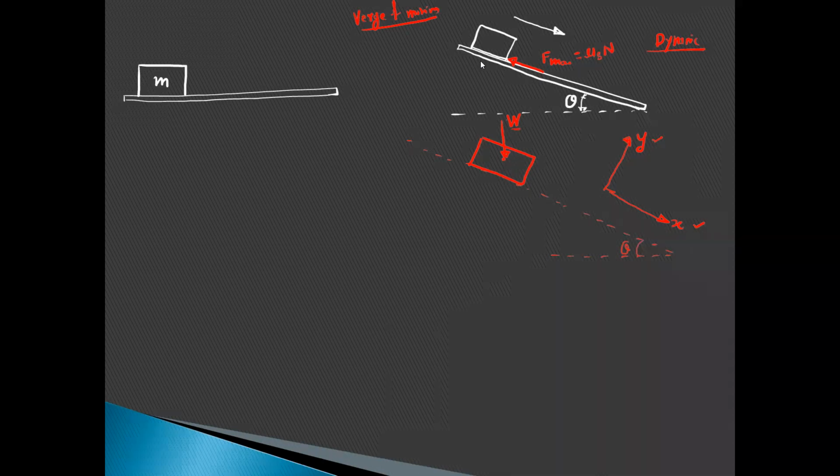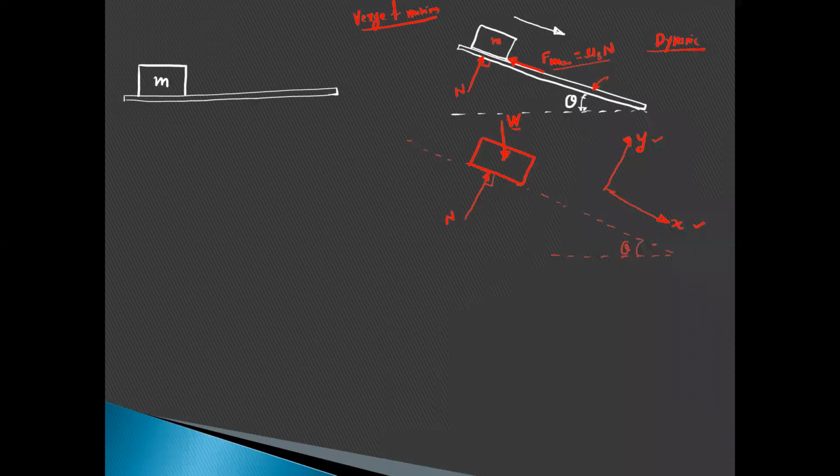The second force will be the normal reaction, which is offered by this plane on this object. That normal reaction will be exactly perpendicular to the inclined plane, so you can show the normal reaction like this. The next force is the frictional force. The frictional force will always be tangential to the contact surface.